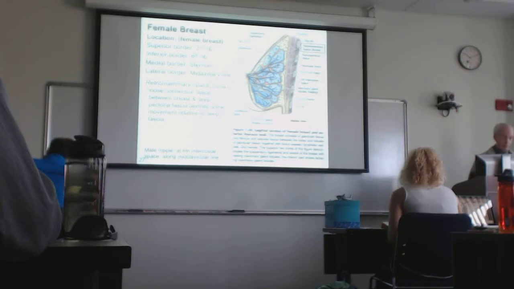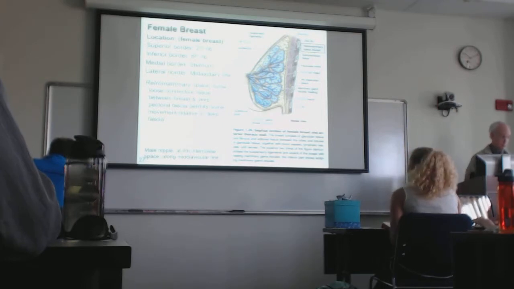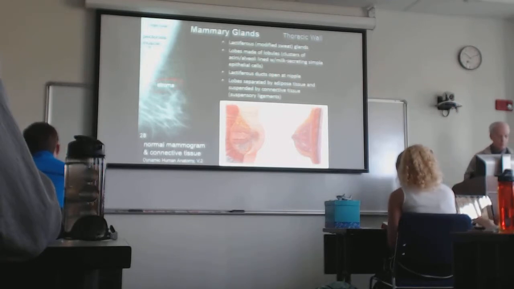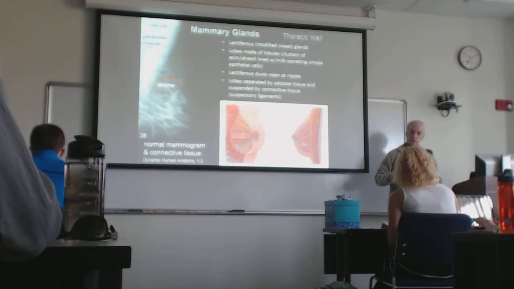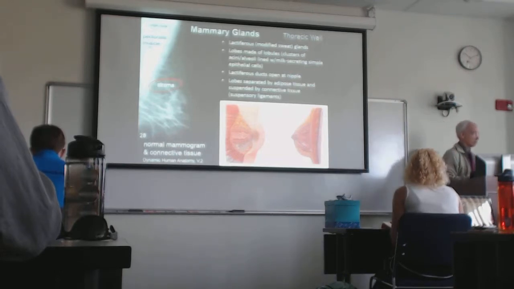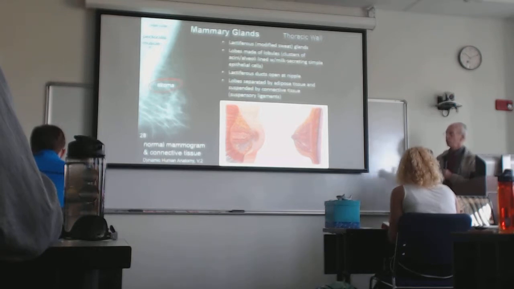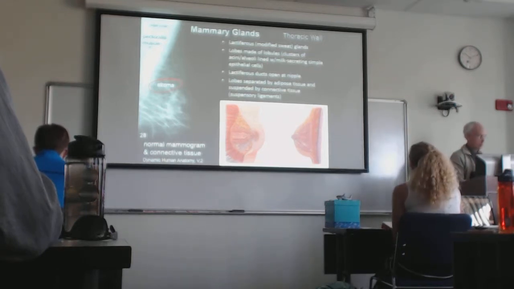Together, the suspensory ligamentous tissue and the adipose tissue collectively is usually called the stroma. And that's going to be important in your radiology because there has been some epidemiological evidence to suggest that variations or abnormalities in stromal density can be associated with an increased risk of breast cancer.